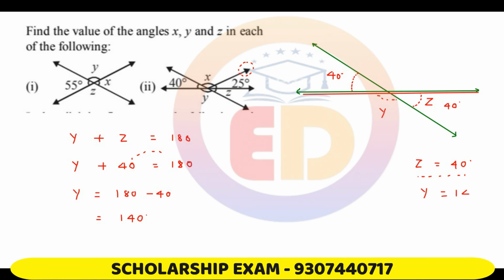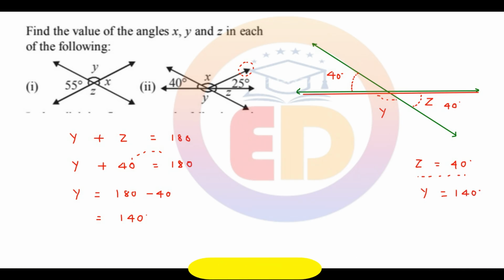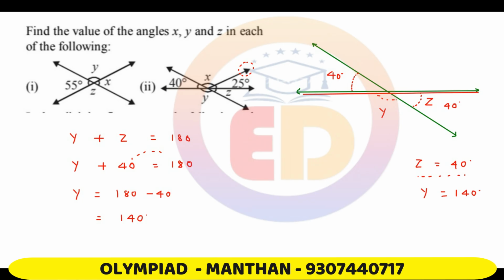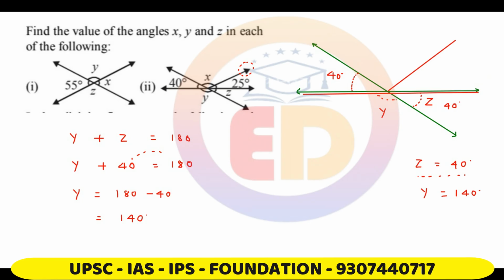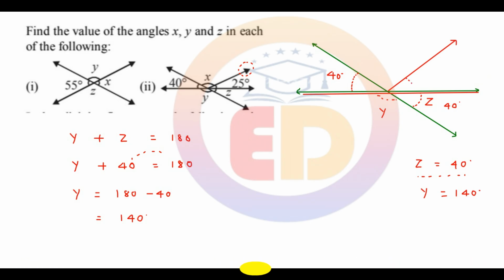And now let us come to angle x. For that we will draw a line from here, and this side angle is given to us as 25 degrees. Now see that these three angles, the 40 degree angle, x and the 25 degree angle, also lie on a straight line. So the sum of these three angles should be 180.